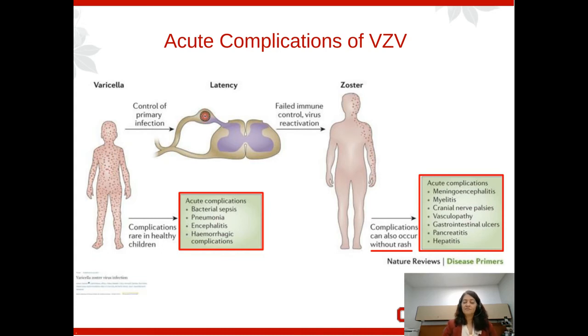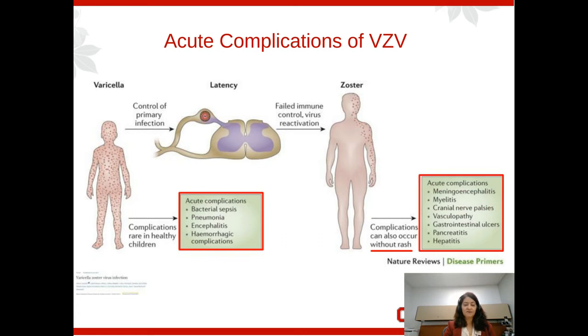Now, in terms of complications of VZV in general, with varicella, which is a primary infection, if varicella occurs in a healthy child, there should be really not too many complications because the immune system takes care of that.